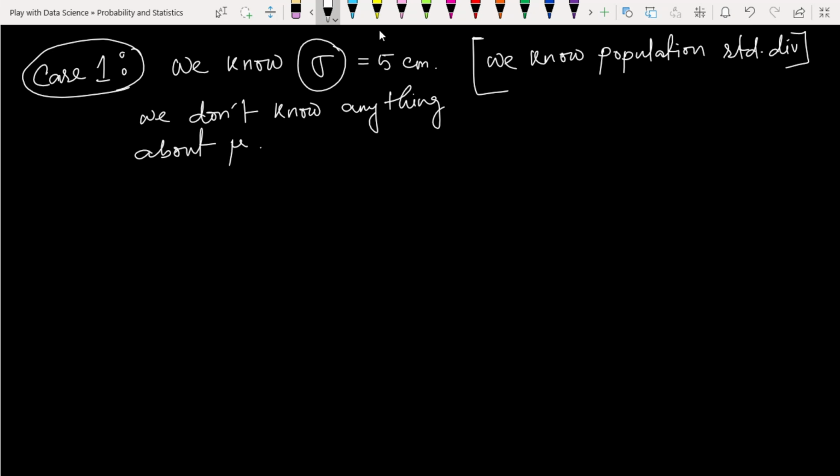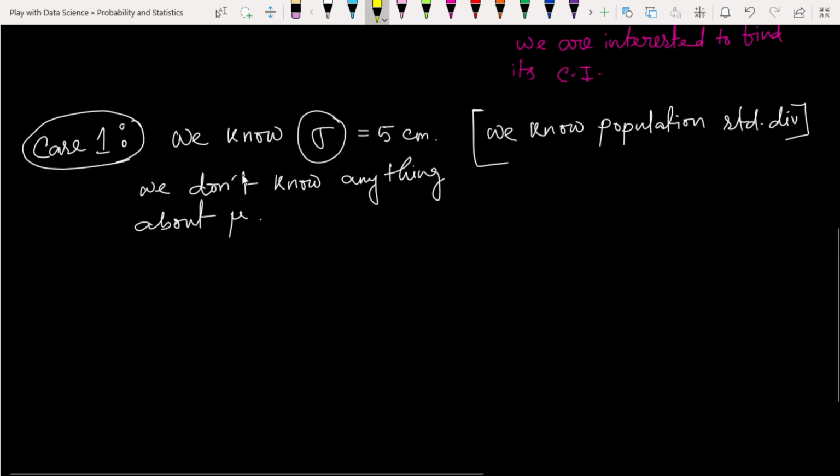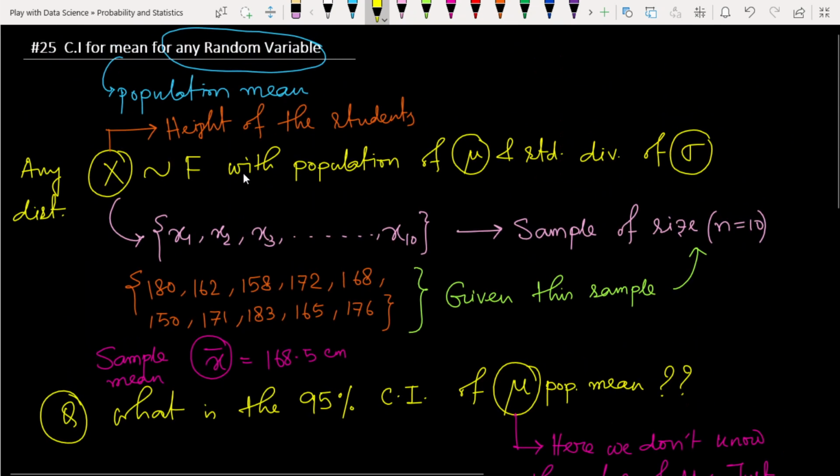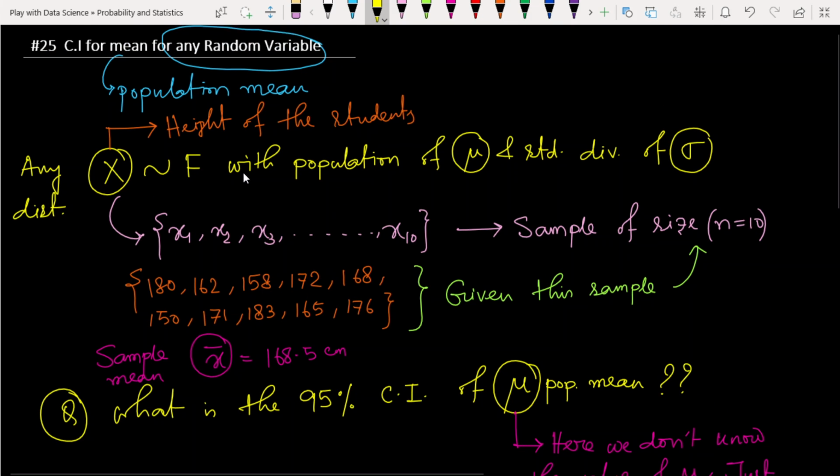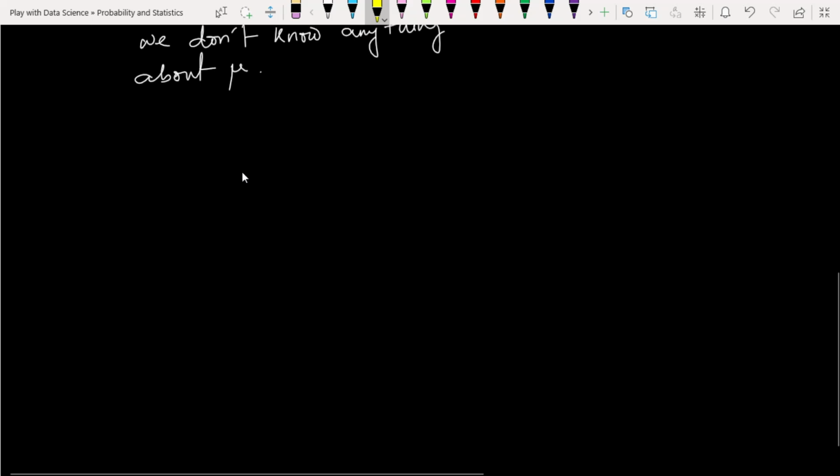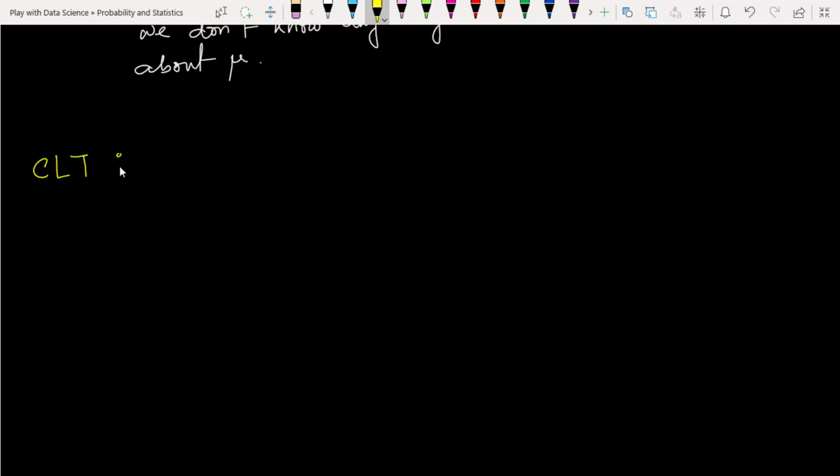Now let's see. We have already learned the central limit theorem. What does the central limit theorem say?